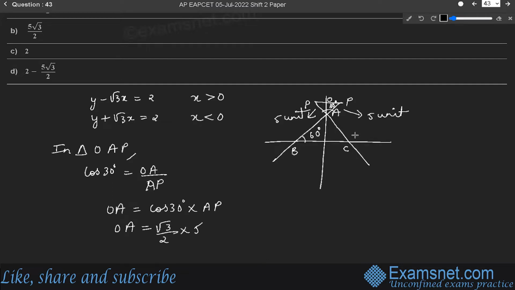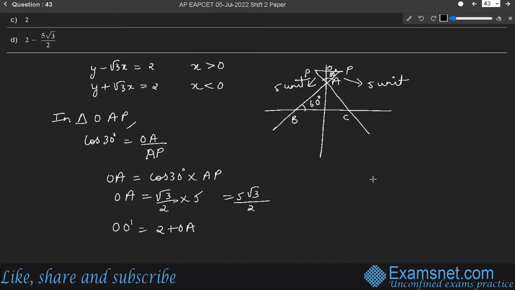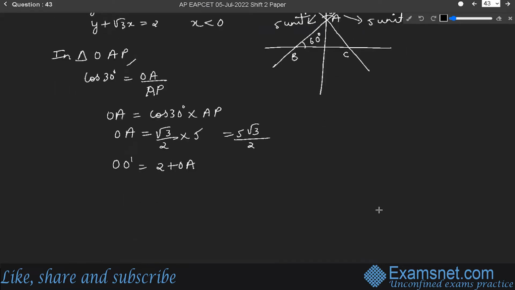So we can say that OA will be equal to root 3 by 2 into 5. We know that cos 30 is root 3 by 2. So it will be 5 into root 3 divided by 2. This is the value of OA. Now, O dash will be 2 plus OA. You can see that O dash will be 2 plus OA. Therefore, this is O dash.